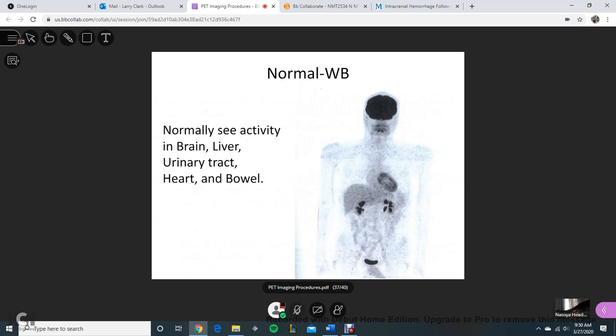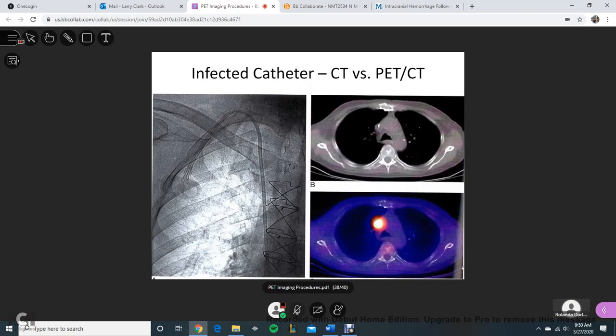All right, so now we have a normal whole body. Normally seen activity would be the brain, the liver, the urinary tract, the heart, and the bowel. Infected catheter. So it's CT versus the PET CT.